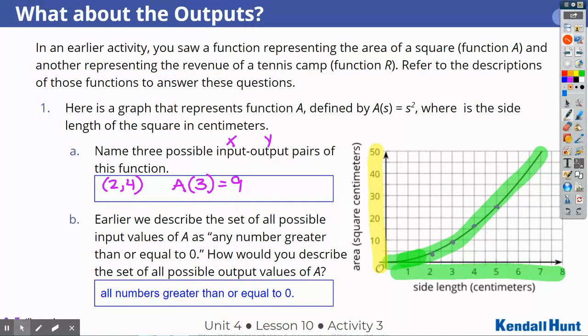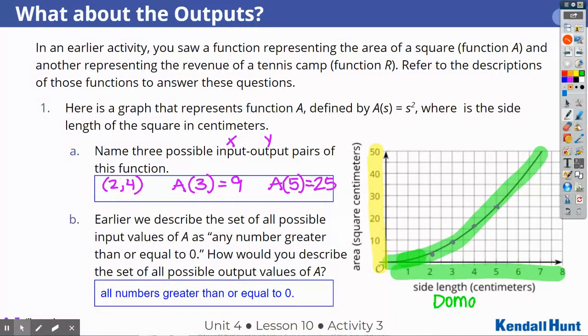And so here we're also going to kind of figure out some new numbers. So let me add a fourth pair here for us. So A of 5 equals 25. So our new words, we know that we have X and Y values. Our X values are 2, 3, and 5. Those values can also be referred to as the domain. So your domain is just all of your X values that you have.